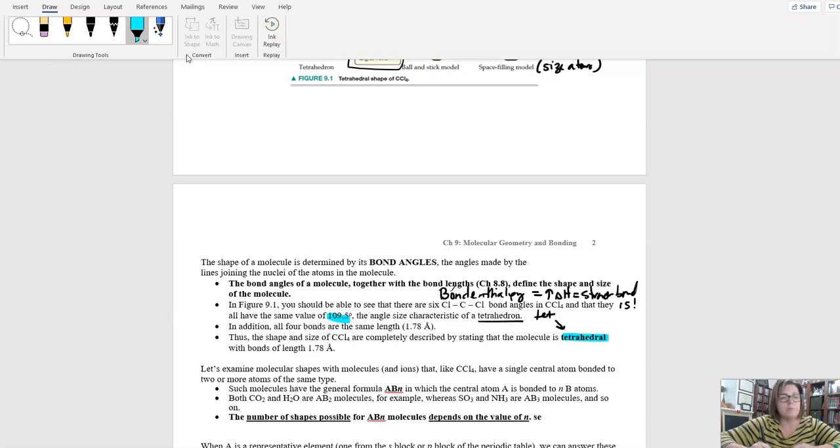So in this chapter, we're going to examine shapes, angles, and names of those shapes. So if you have molecules with the formula AB_n, and that n could be any subscript, where A is the central atom and B are the atoms surrounding it, like CO2 or water.